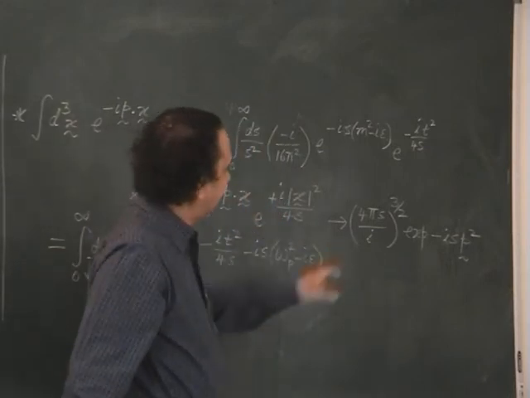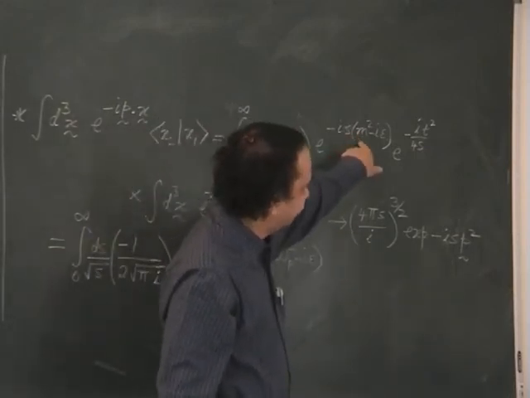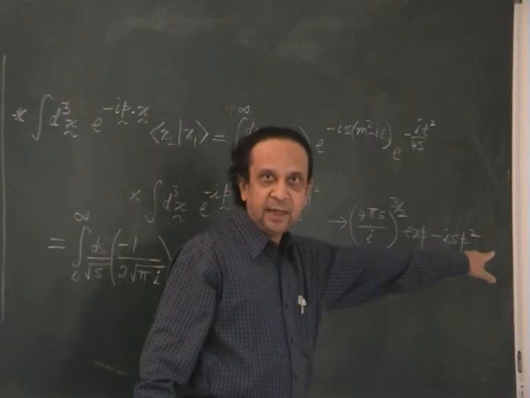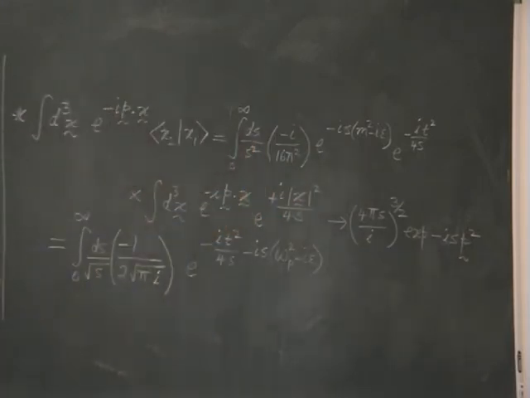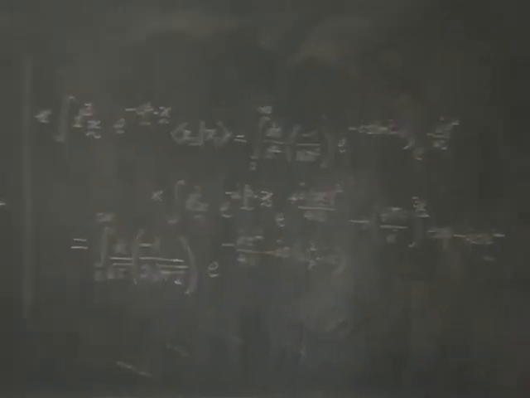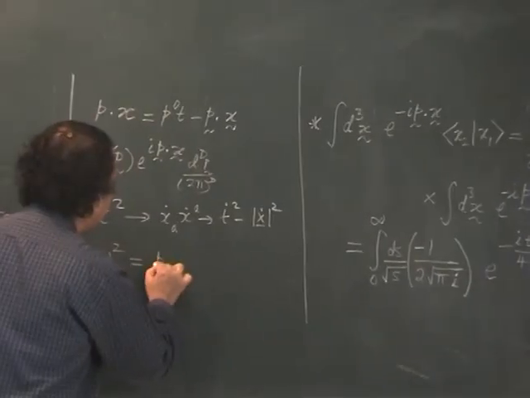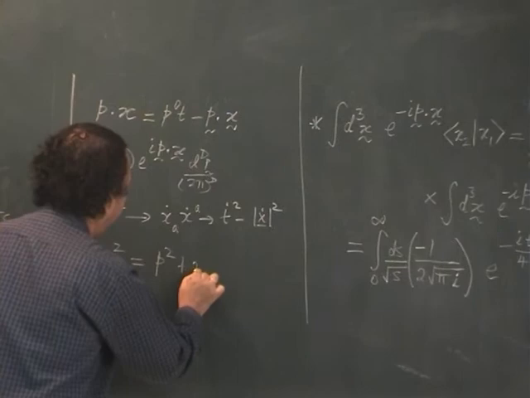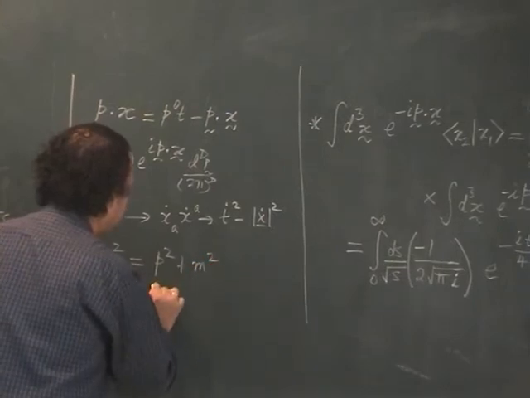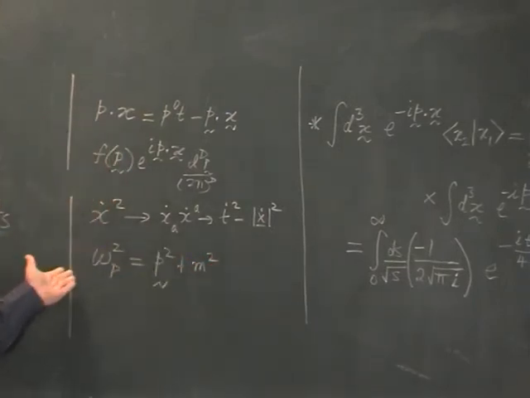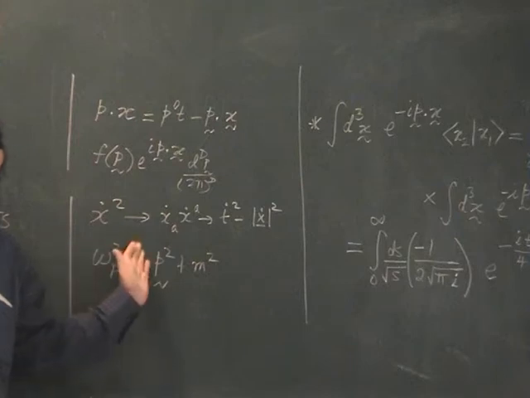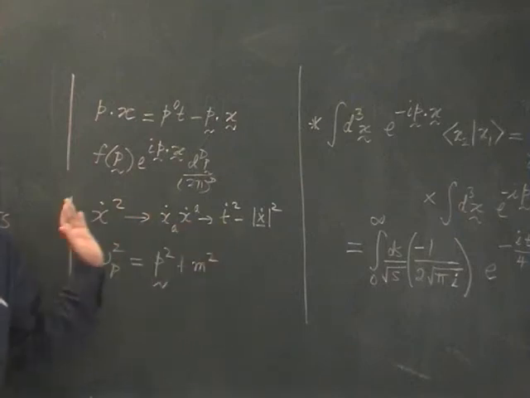What I have done is that I have a minus i s m square and a minus i s p square. I have added them up and defined a quantity omega p square, which is p square plus m square. This is just the energy. Omega is just the energy, because square root of p square plus m square gives you the energy of the particle, and that is what you have got.